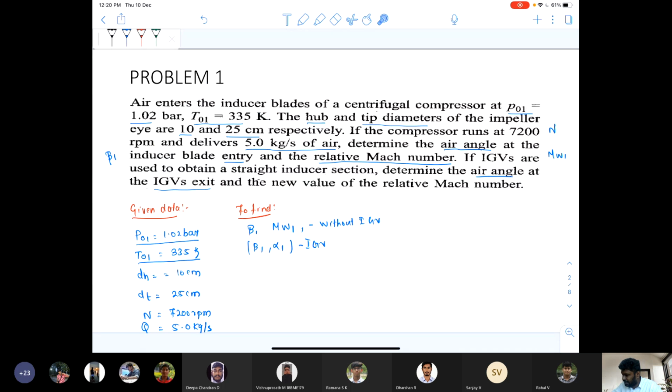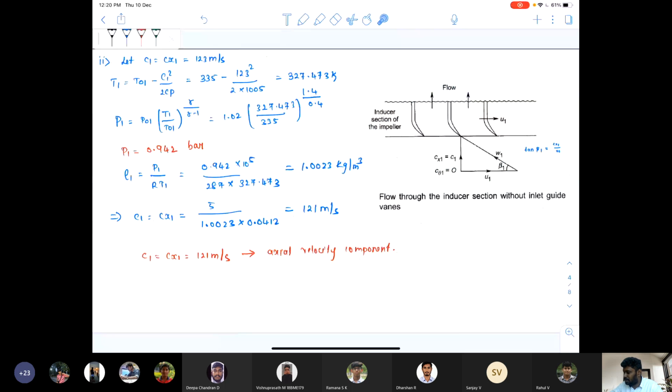Therefore, from the question, determine the air angle at the inducer blade entry and relative Mach number. First we should find the air angle beta 1 and MW1 with respect to this diagram, that is, flow through the inducer section without inlet guide vane.